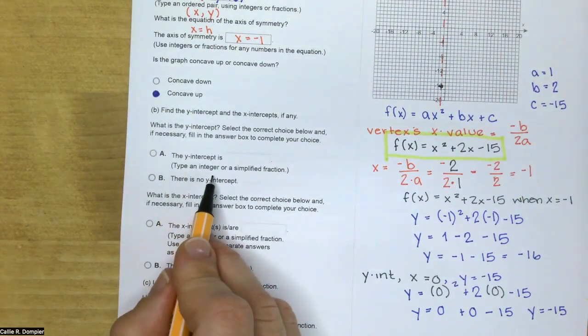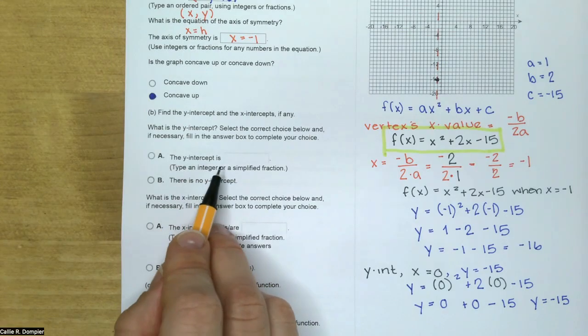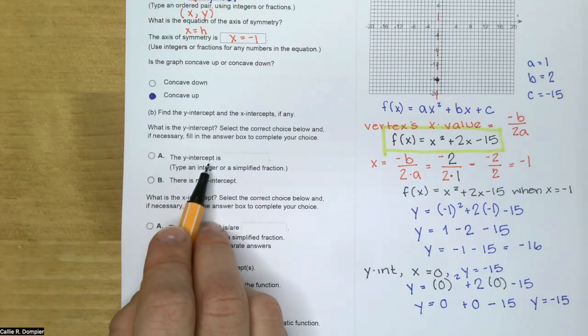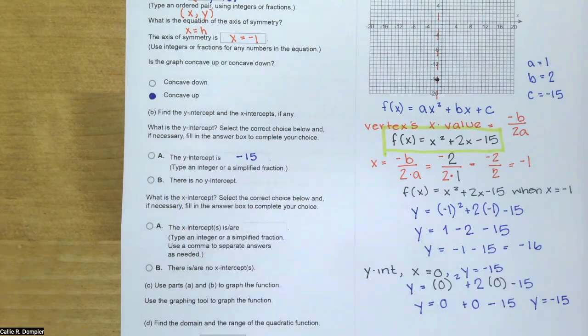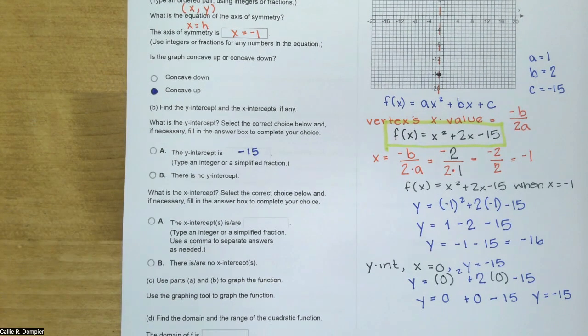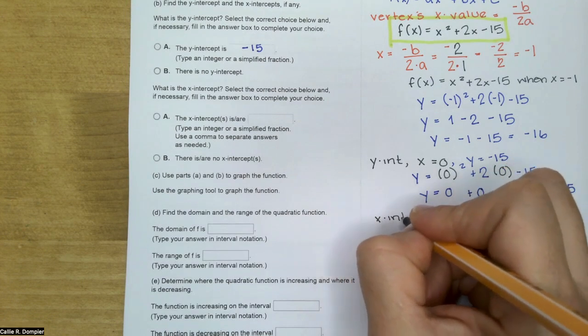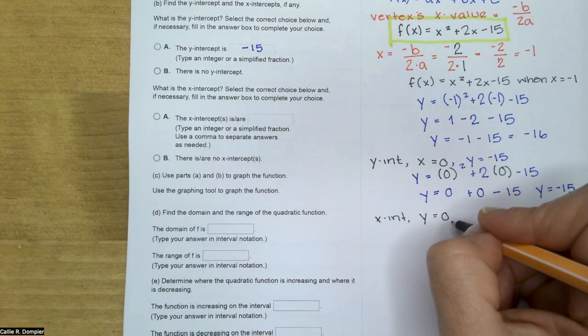They're just asking for an integer, so they just want a number. You don't need to have an equal sign. You don't need to have a pair of points. You just say the y-intercept is negative 15. Good. The x-intercept, same equation, but we say y is equal to 0 now.